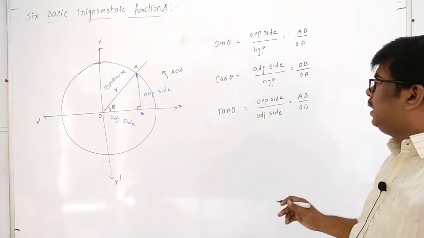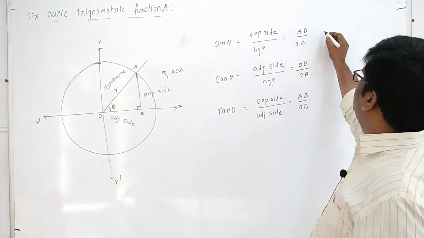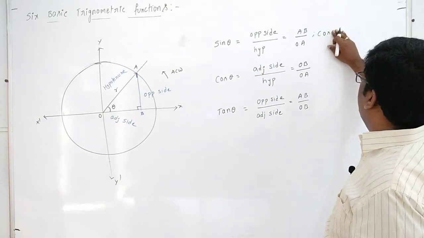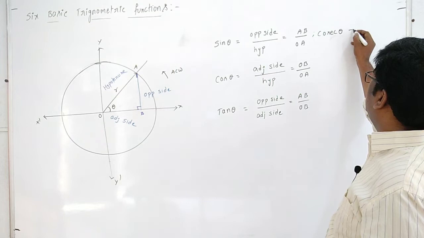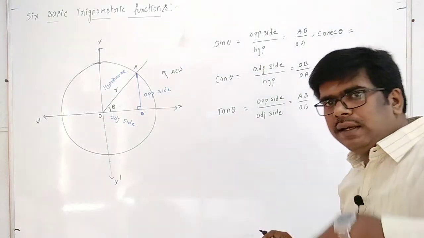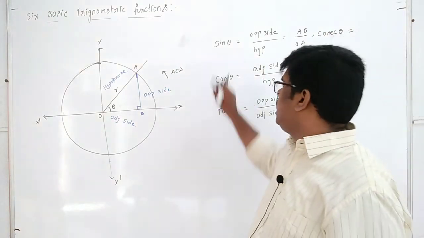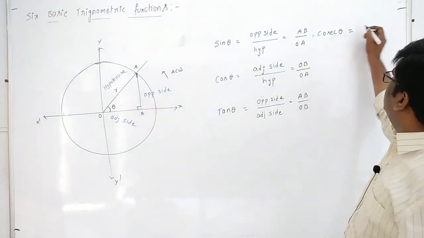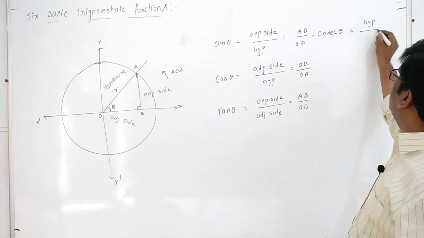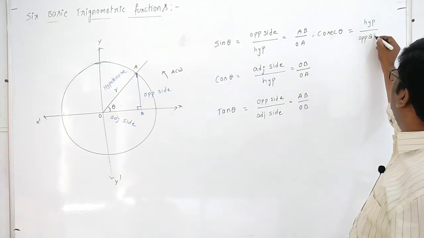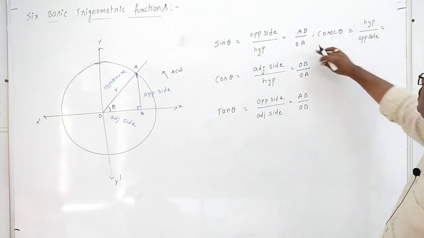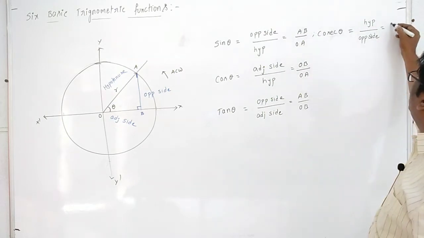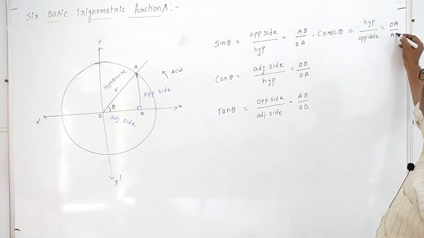And the other trigonometric ratios, so that is cosec theta. Cosecant theta is just the reciprocal, meaning inverse, of sin theta. That we can write as hypotenuse by opposite side, so hypotenuse by opposite side means the reciprocal of it, that is OA by AB.